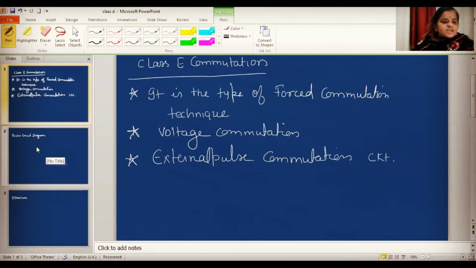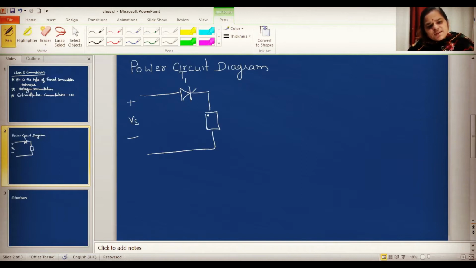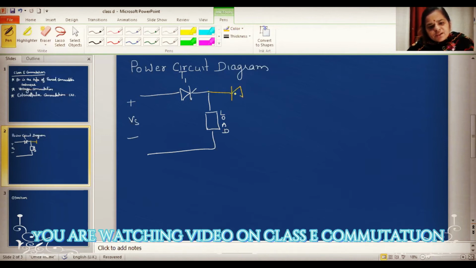Now let us discuss its power circuit diagram. I am drawing it. This is plus minus Vs. This is your main SCR T1, and here this is the load. This is the part of the main circuit. Let me draw the commutation circuit in a separate color.